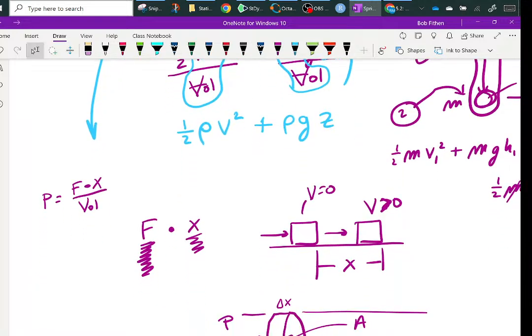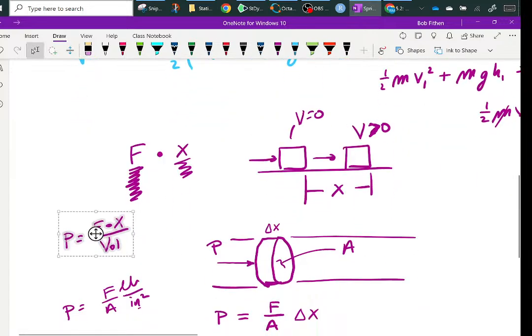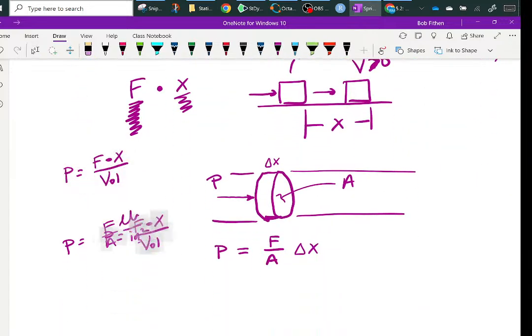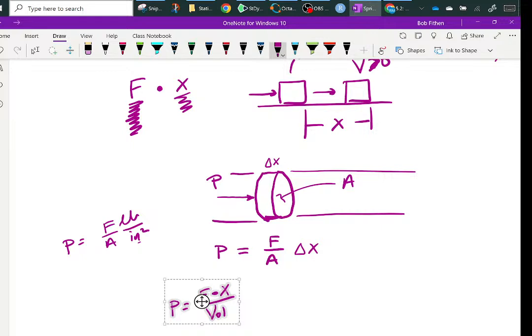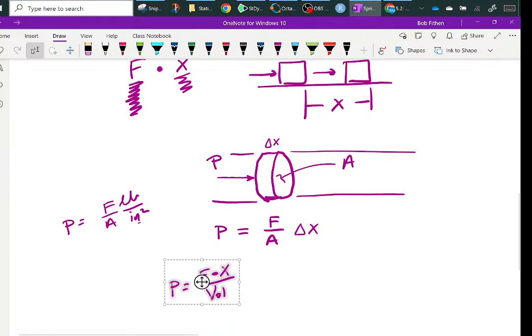Okay, I should have written this down here. Let's see if I can move it. I may have to move it incrementally. Okay, hang on. So, okay, my brain is freezing a little bit. So my pressure is that. Is that equal to F times, wait a minute.